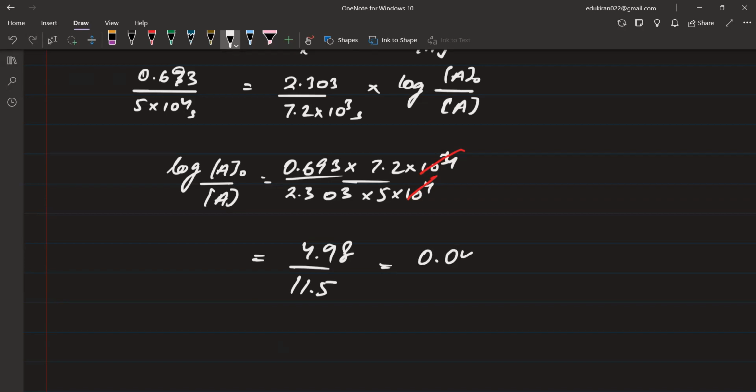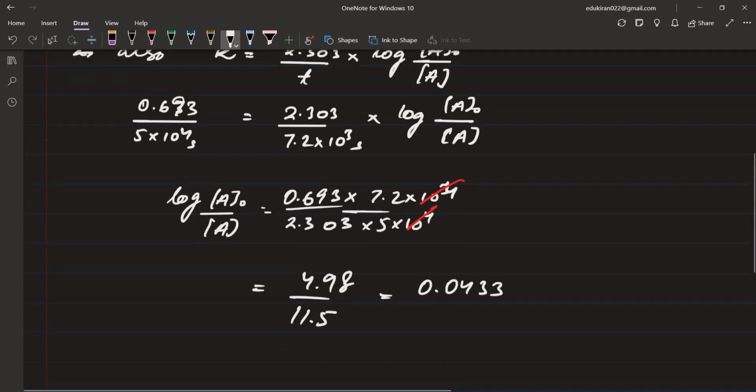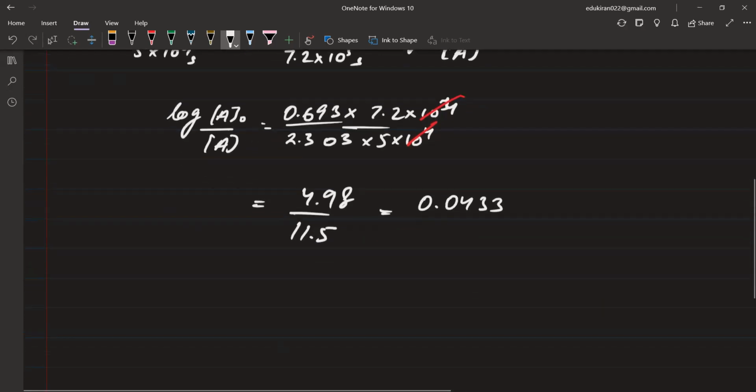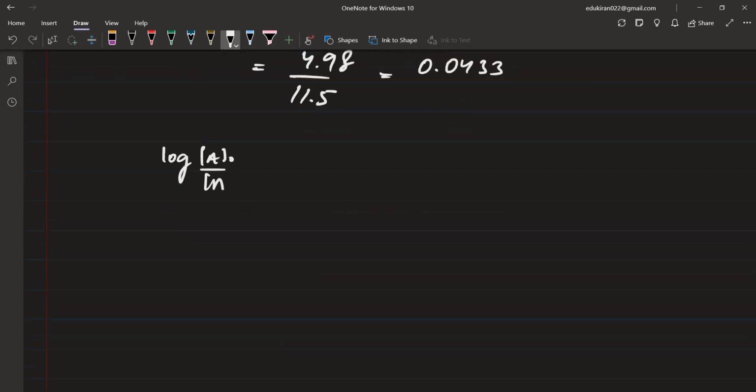It comes out to be 0.0433. Now this value here, log of a naught upon a is equal to 0.0433.